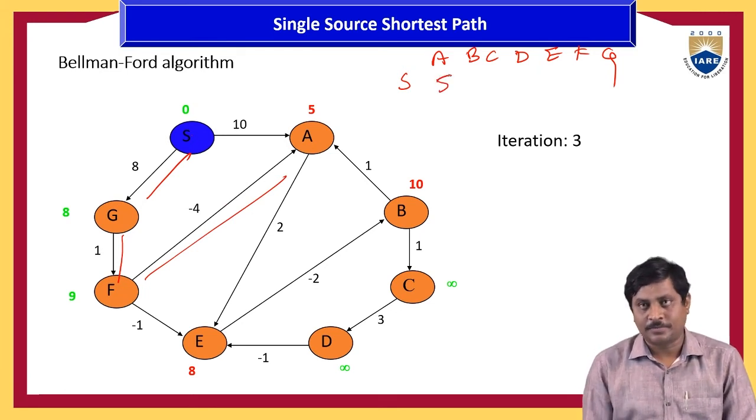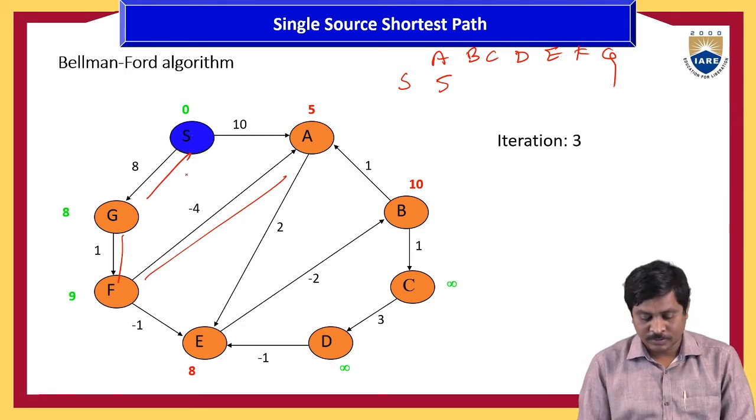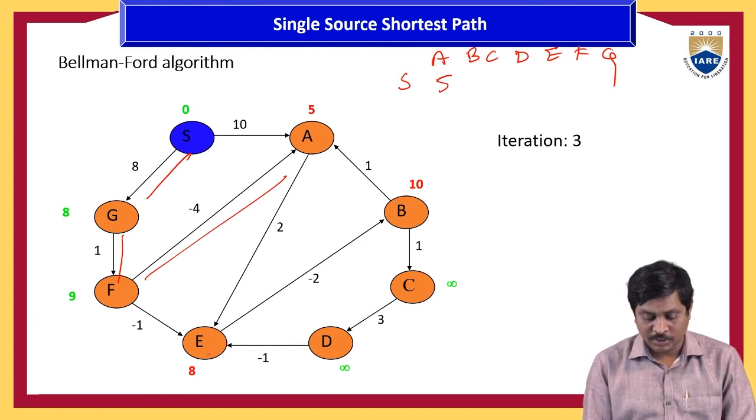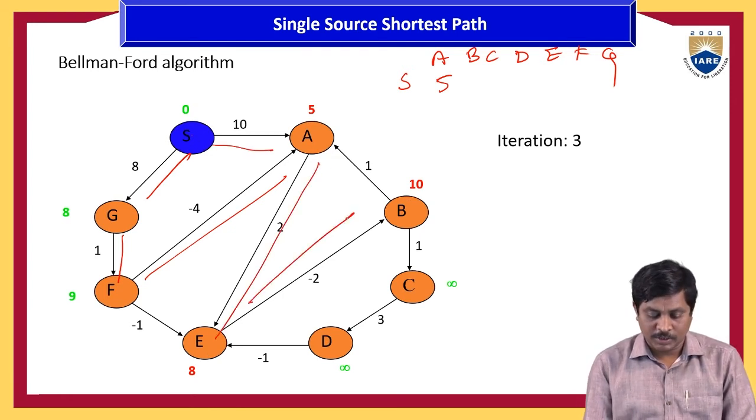So S to A is 5. Next S to B. Here we consider 2 mediator nodes: S to A to E, E to B. So now 10 plus 2 minus 2, that value is 10.